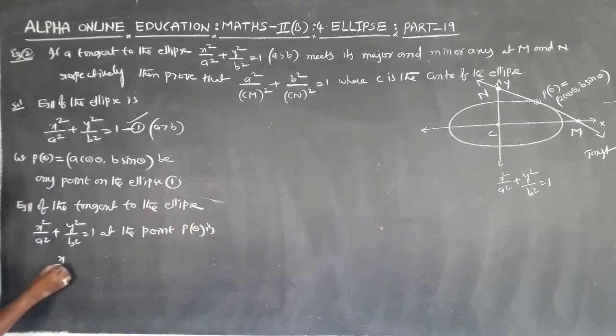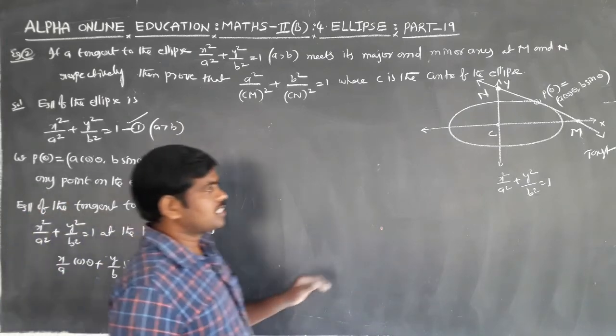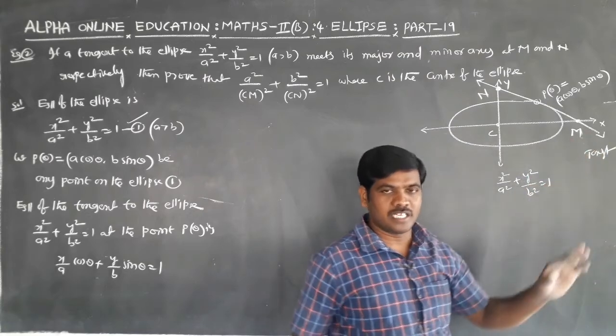The equation of the tangent is x by a cos theta plus y by b sin theta is equal to 1. This is the equation of the tangent.